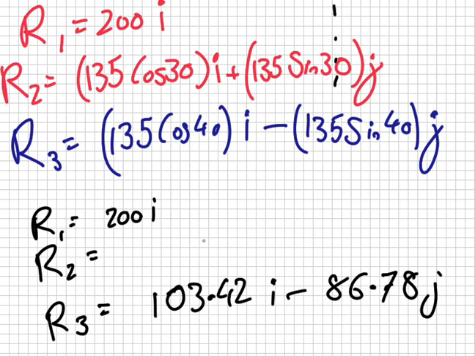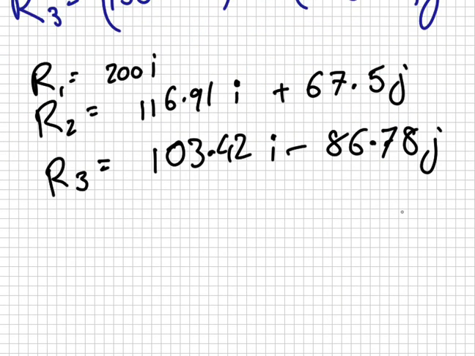Okay, and then R2? 116.91 i. Just get the j in here. What's the j? Plus or minus? Plus 67.5 j. Okay.